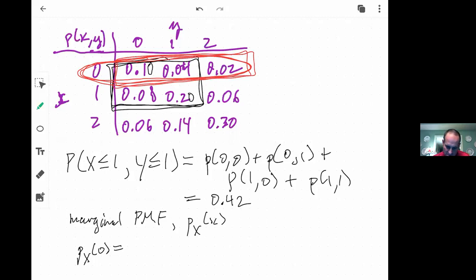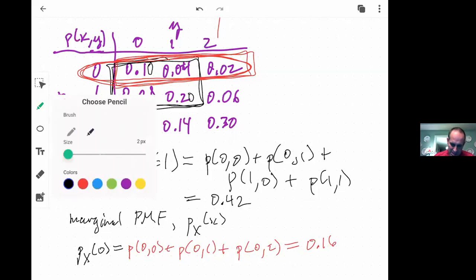So what do I get? It's gonna be P(0,0) plus P(0,1) plus P(0,2), which apparently is 0.16. Let me go back to my black here.